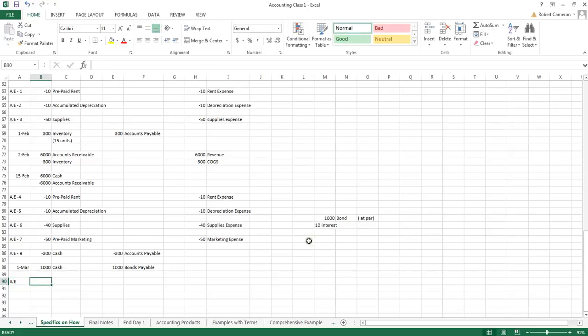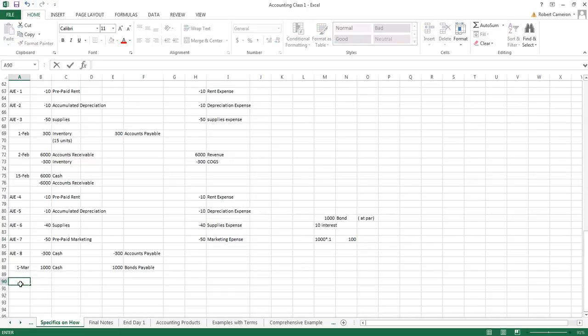Adjusting entry. Now, we have $1,000 in bonds payable. And again, we have interest. Well, guess what? That interest accrues. So 1,000 times the 0.10 interest equals 100. $100 of interest is accrued.